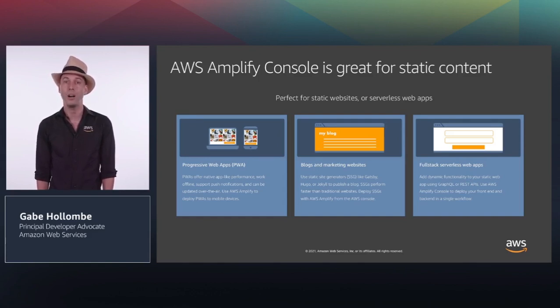The Amplify Console also works great alongside other AWS Amplify tooling that makes it really easy to provision, configure, and connect back-end resources like API servers and databases to your serverless web apps. Let's look at a few of Amplify Console's features.